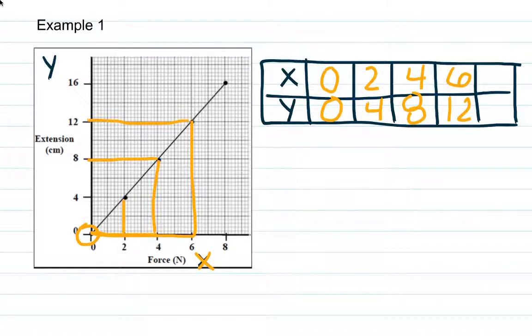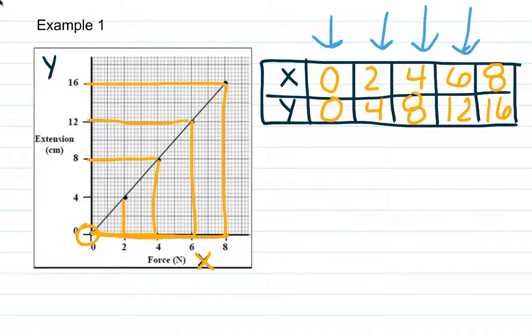And the last one, we start at the origin, go along the x-axis, and we go up to 16. So it's 8, 16. So again, all of our coordinates make up each individual column. So we have 1, 2, 3, 4, 5 total.